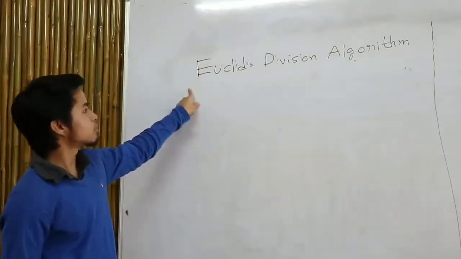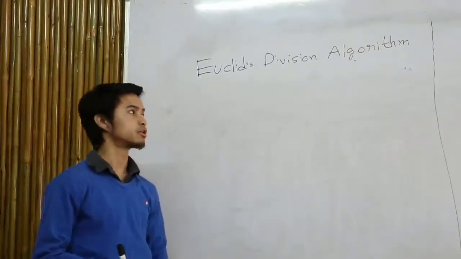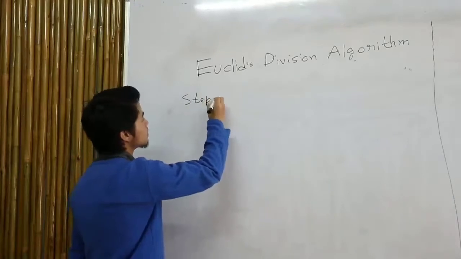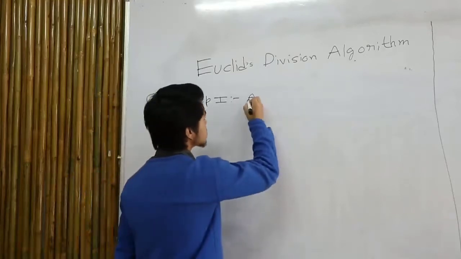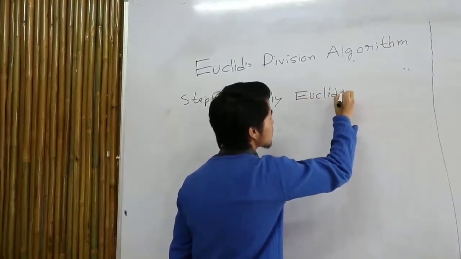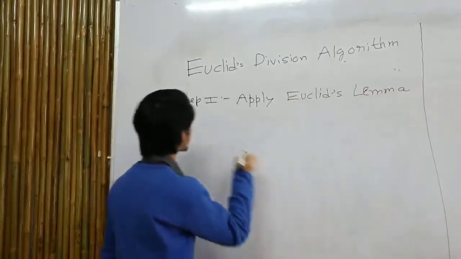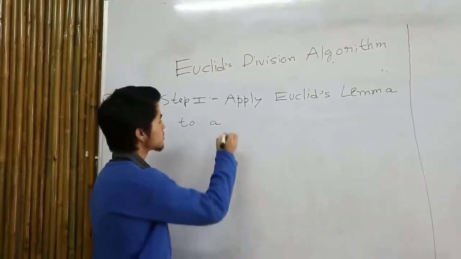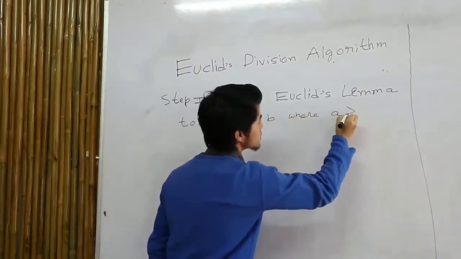Now we have to remember first of all that Euclid's division algorithm usually involves 3 steps. Sometimes it involves only 2 depending on the given positive integers. So step 1, we just apply Euclid's lemma to the 2 given positive integers, which we denote by a and b, where a is greater than b.